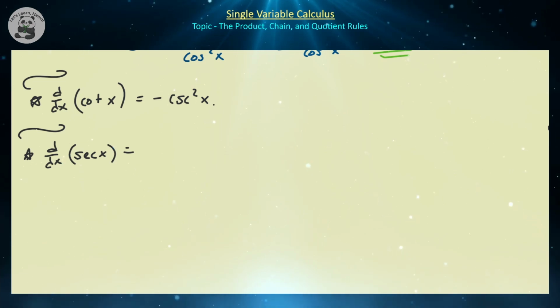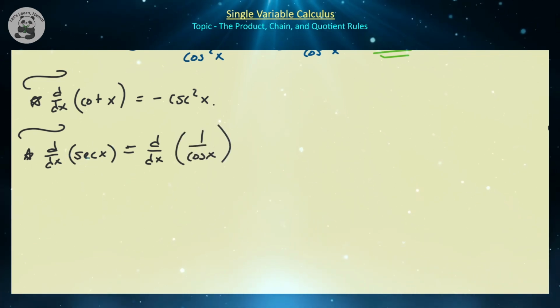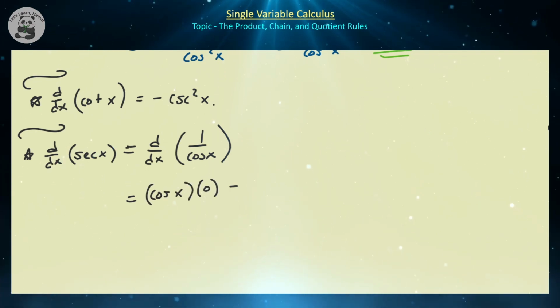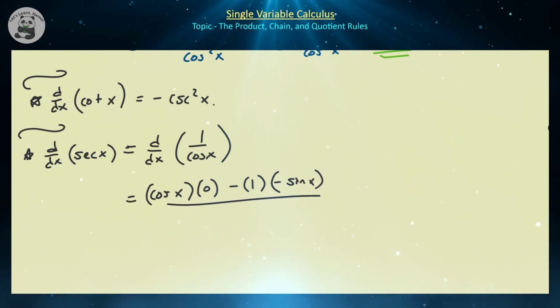If you know your reciprocal identities, then you may remember that secant is 1 divided by cosine. Obviously, you know the derivative of 1 and cosine, so we can use the quotient rule, or maybe the chain rule by writing cosine x to the negative 1 power if you prefer. So this is going to be equal to what? It's the bottom times the derivative of the top, minus the top times the derivative of the bottom, all over the bottom squared, which is the same as cosine of x times cosine of x.